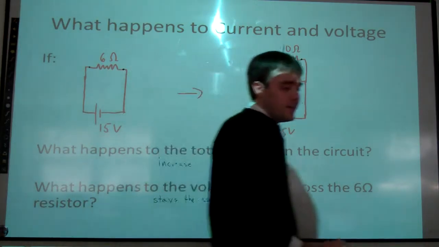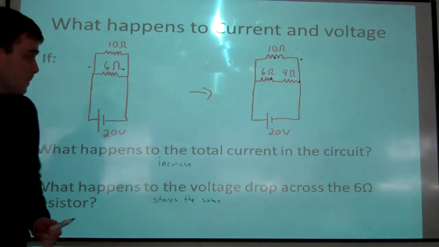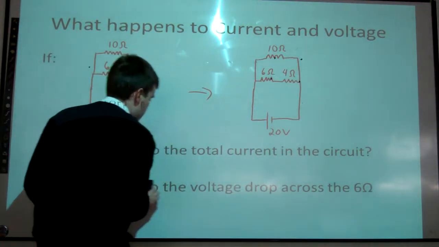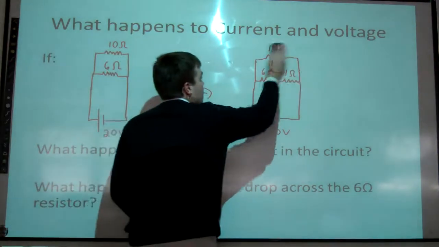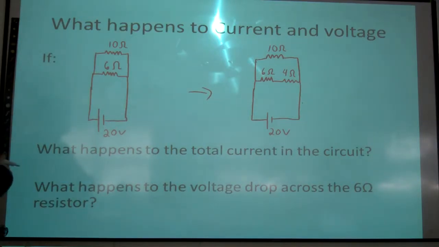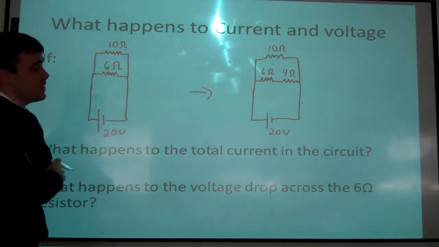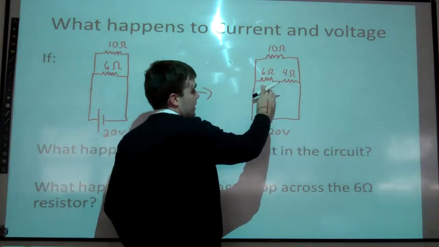Alright, so now on to the next one. What happens to the total current in the circuit? In this case, we did not add any more paths, but we did add another resistor in series. So these two are in series now.